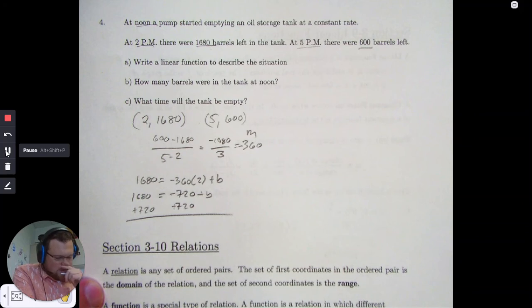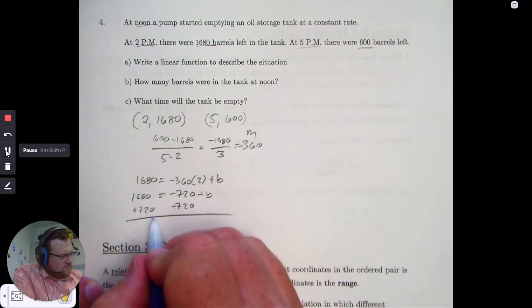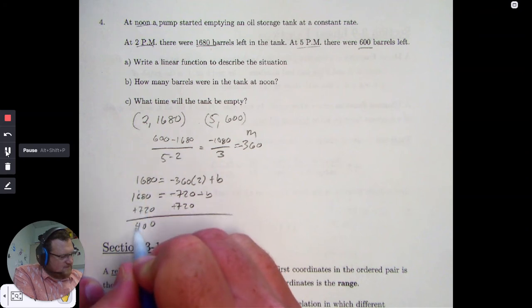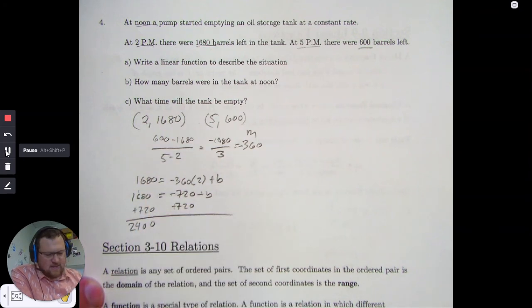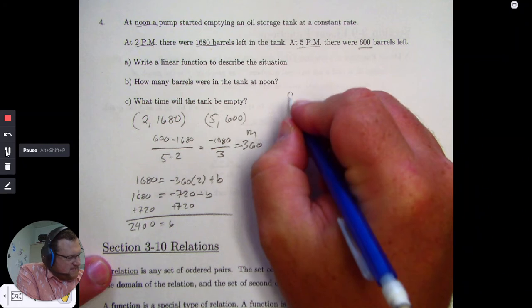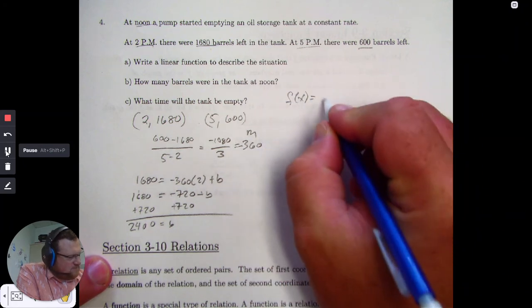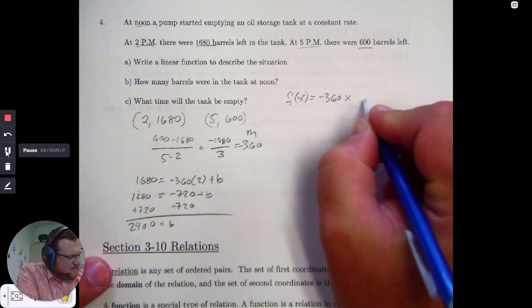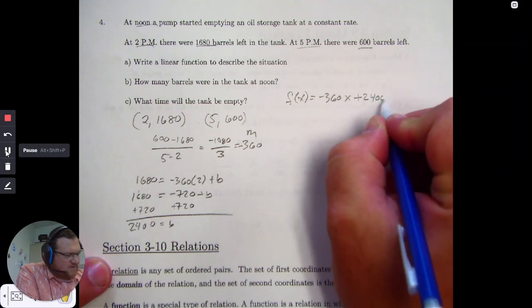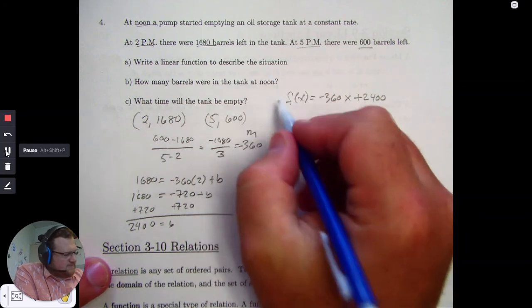So I started off with 2,400. Now that gives me the equation for the function, because this is my b value. So now I can say f of x equals negative 360x plus 2,400. So this is A.